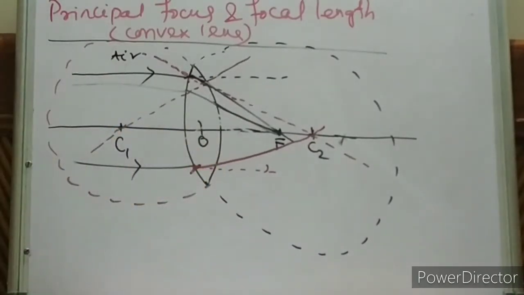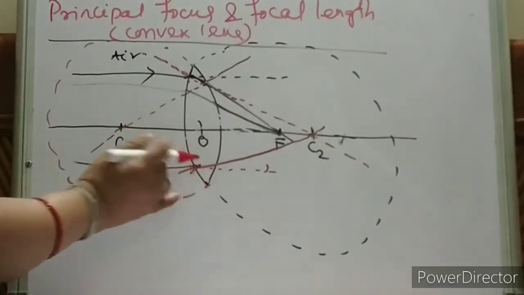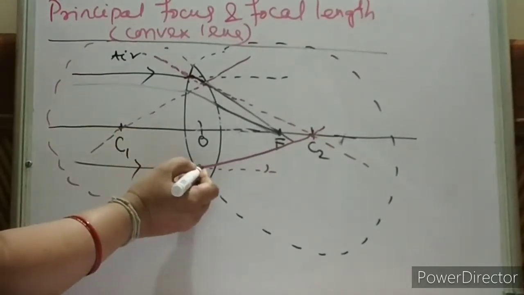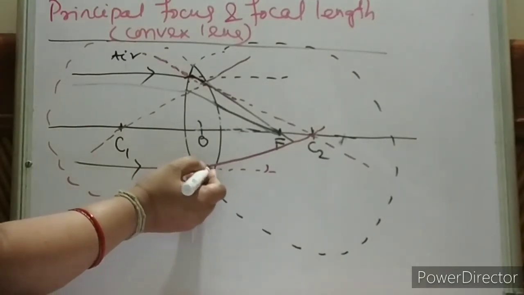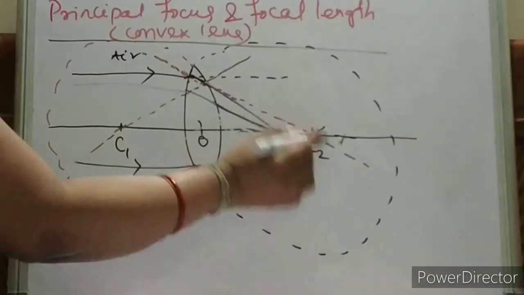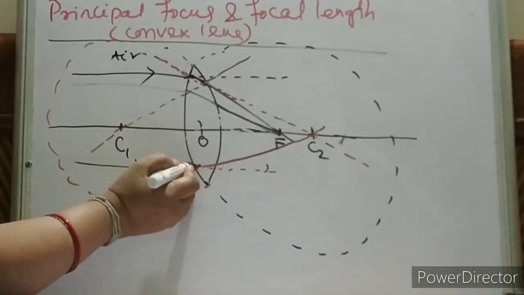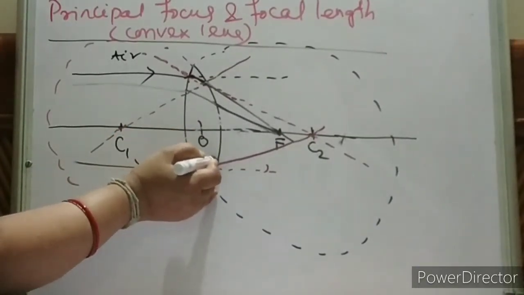Clear children? This is your normal. So it will bend towards the normal. Since it is rarer to denser, it will bend towards the normal. So it will bend like this. Without deviation the ray would have gone like this. Since it is going from rarer to denser, it will bend towards the normal.